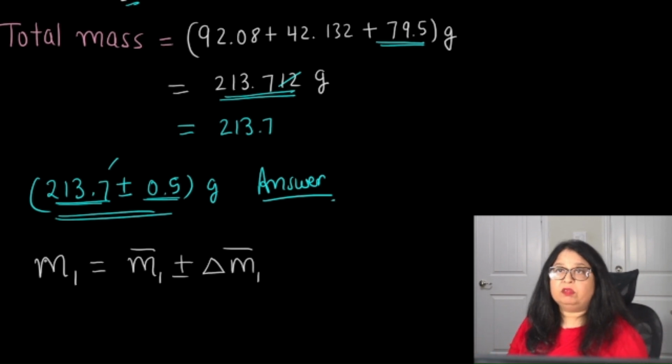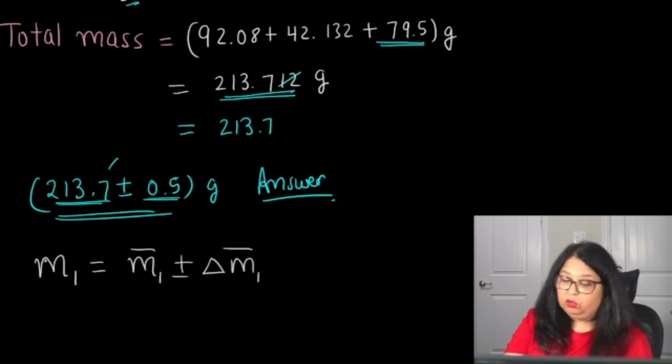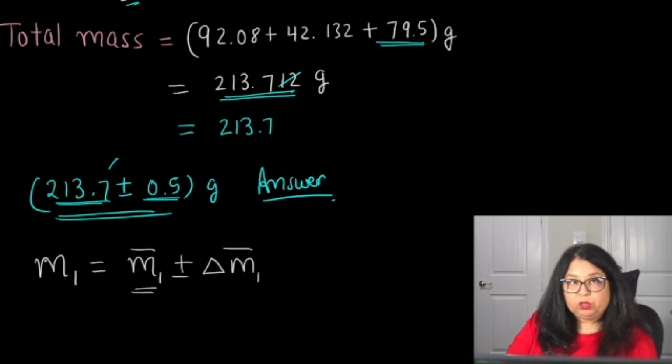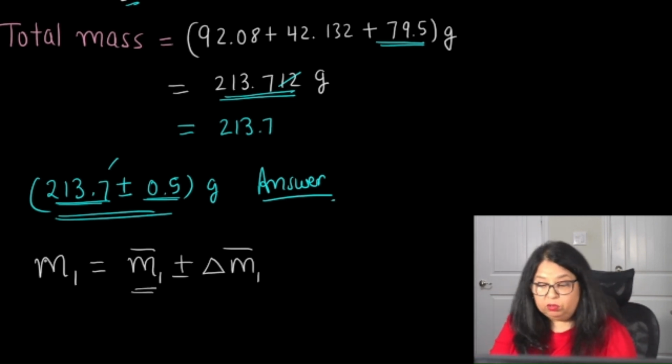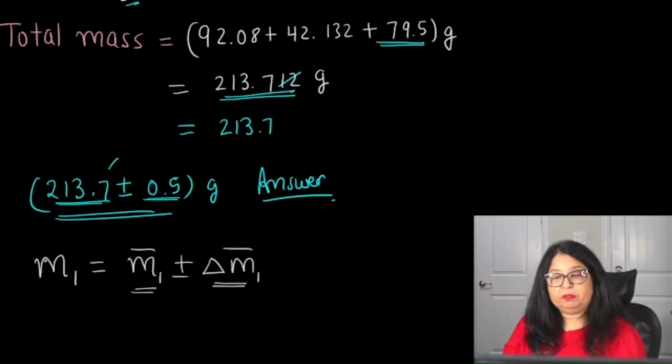And the dumbbell's value is, I don't know, 92.08 grams. So how does the manufacturer know that it's exactly 92.08? It's going to make several measurements of the same dumbbell and then take the average of those measurements. So M1 bar is the average of those measurements, and the mean absolute error in those measurements is this here. That's one way to look at it.